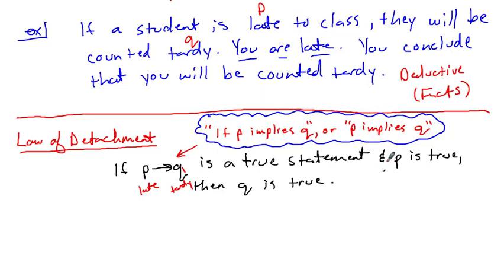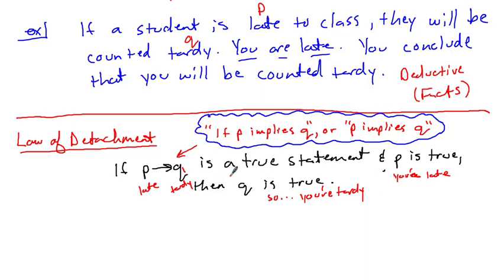So when it says P is true, that means you're late. Then Q is true. And that's kind of like saying, so you're tardy.